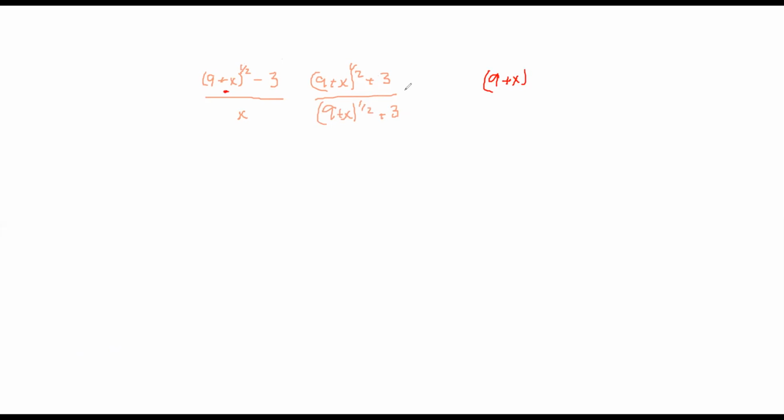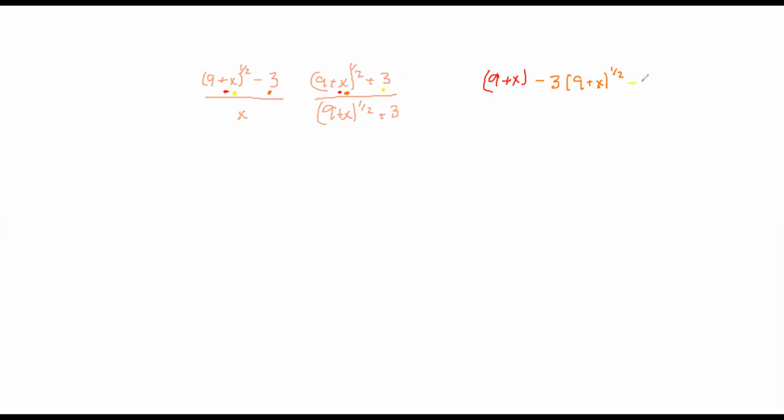So this one times this one. Then we're going to do -3 times 9 plus x to the half. So that's -3 times 9 plus x to the 1/2. And then we're going to do this one.